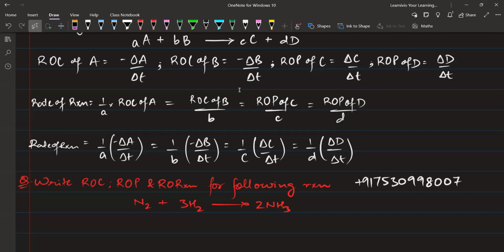Rishita and Maimuna, please send me. रेट ऑफ प्रोडक्शन ऑफ अमोनिया में क्या मिस्टेक है बताइए जरा.